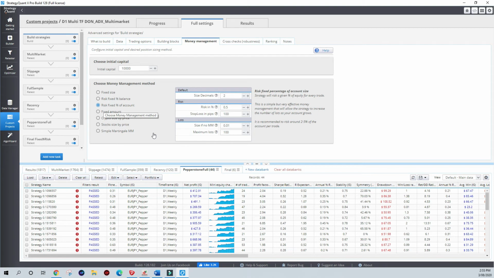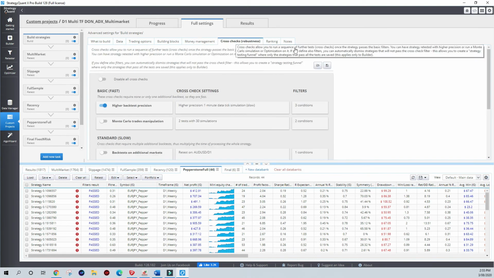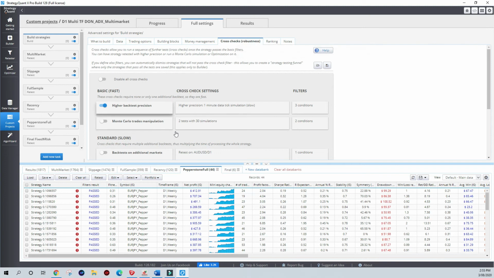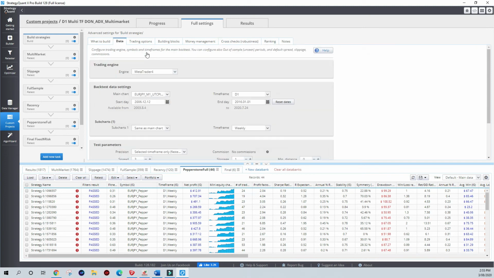In relation to cross-checks, in the build phase, we can undertake higher backtest precision. So if we go back to the data, you'll note that the original test is a quick test using the selected time frame only. So in this case, the daily, which therefore only looks at the open, high, low, close of the daily bar.